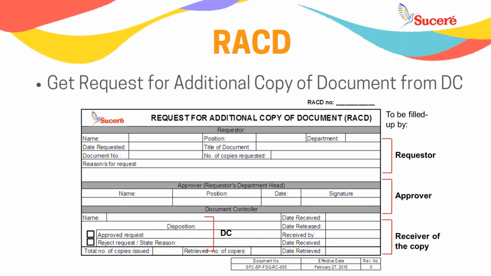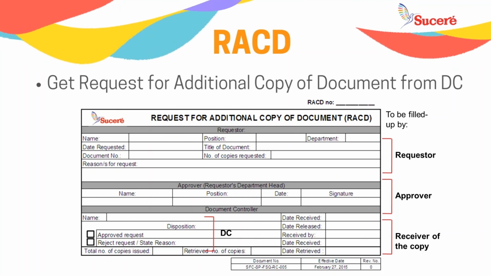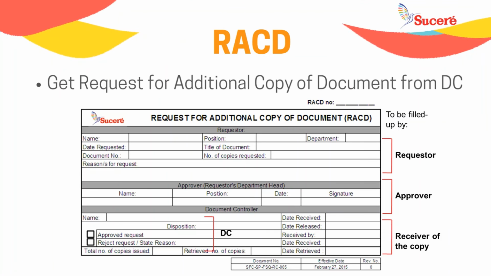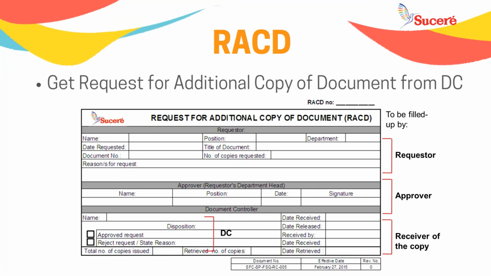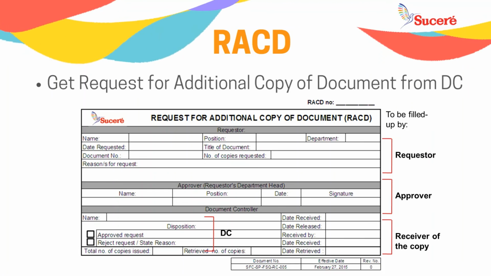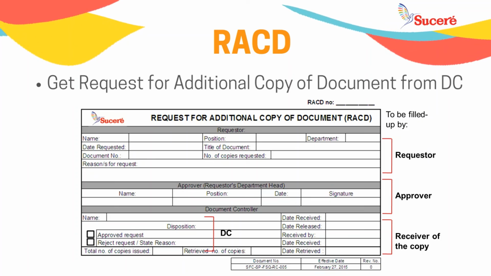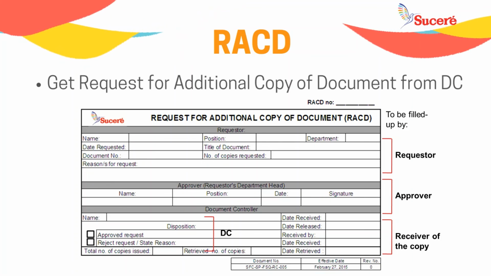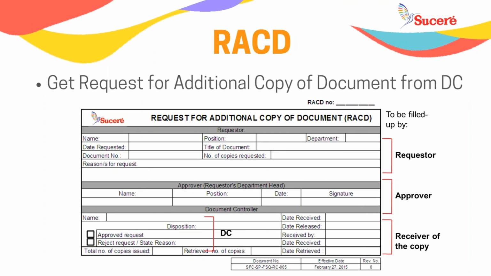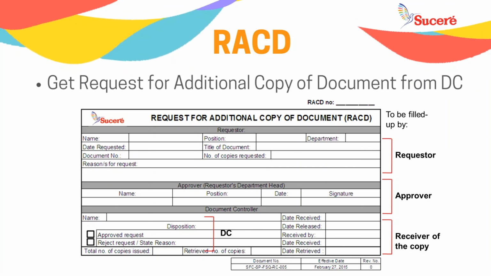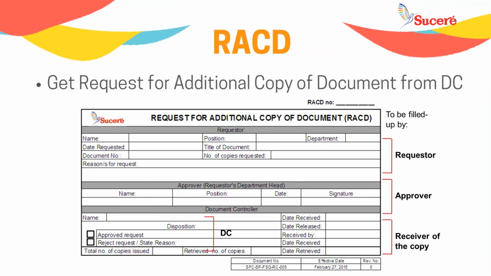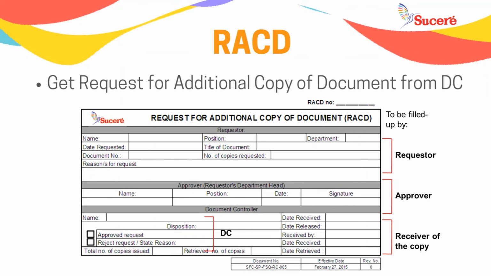The top part is for the requestor to fill out, and then he or she will have to have it approved by his or her department head, and then upon receipt, the document controller will issue the additional controlled document, and then the document requestor will also receive and use this form as a receiving copy.